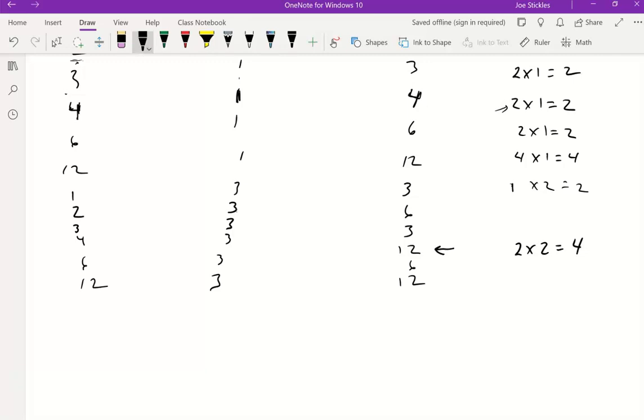The next one is also 1 times 2, because there's 1 element of order 2 and 2 elements of order 3. For 3 and 3, I would use 2 times 2, because there's 2 elements of order 3 in Z12 and 2 elements of order 3 in Z3. We would also use 2 times 2 for a 6 and 3. And then the last one we would use 4 times 2 and get 8.